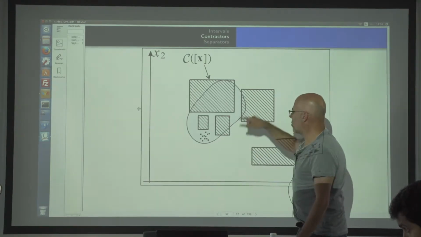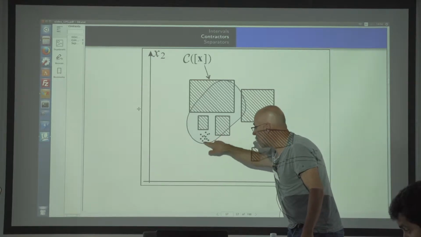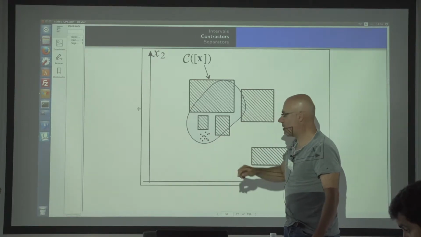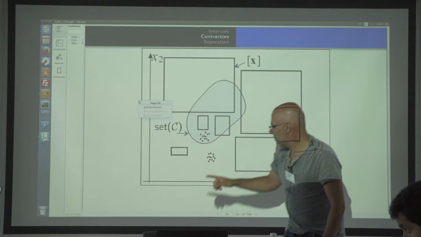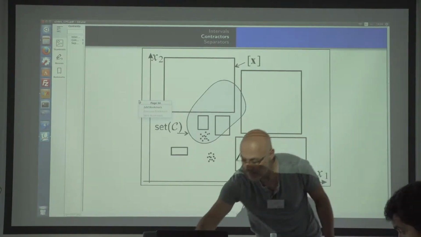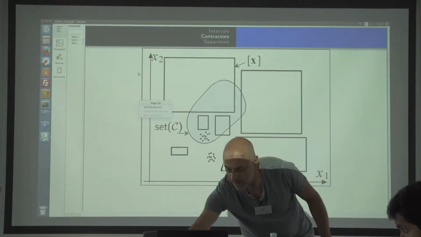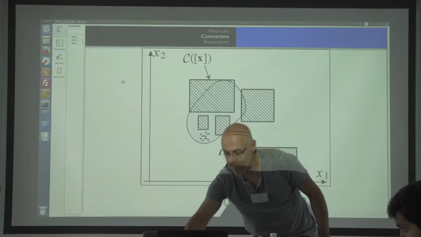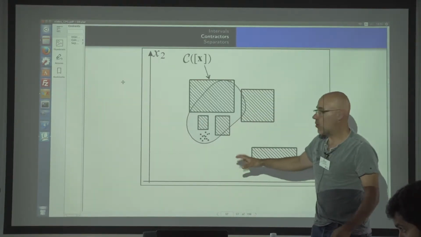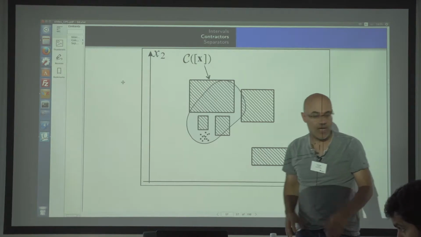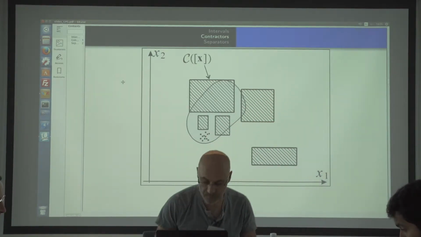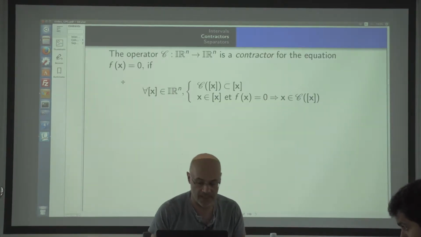And what is important for a contractor, if I take very tiny boxes, like this one, or this one, those that are outside will disappear. Oops, sorry. And those that are inside will not disappear. So it's some kind of convergence property. I will not discuss this now, but it is a definition of a contractor.